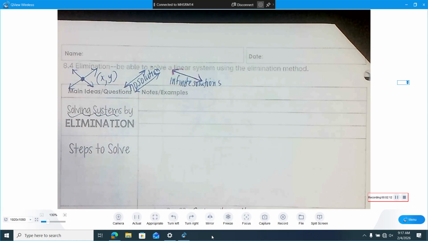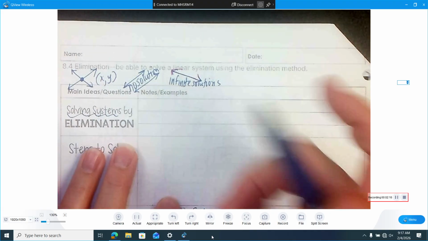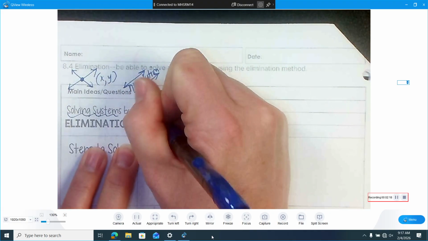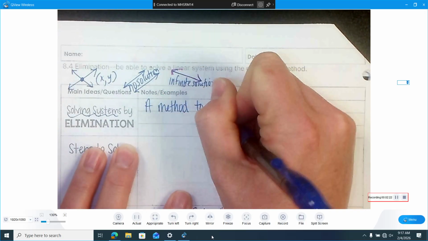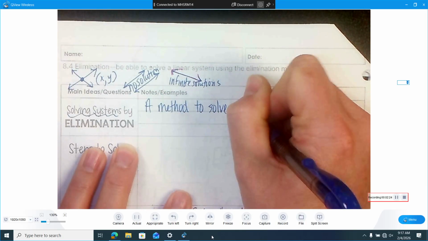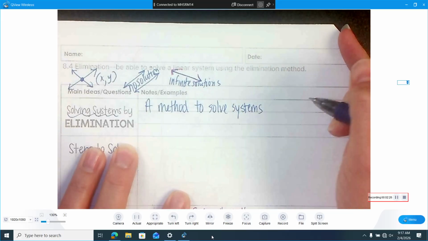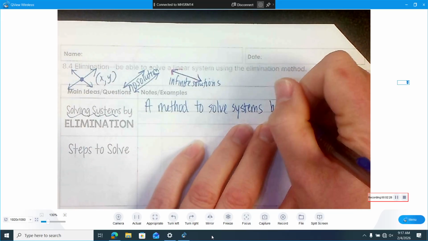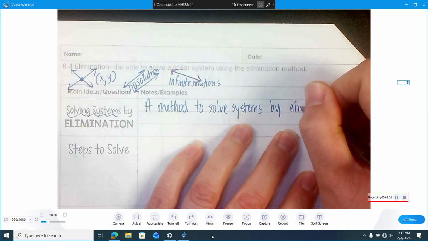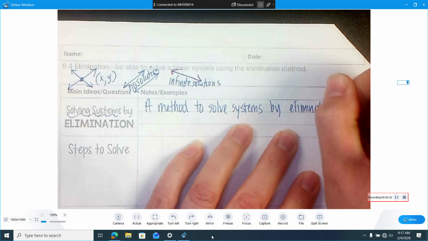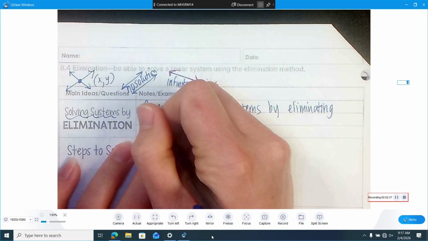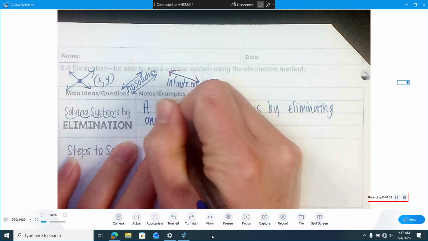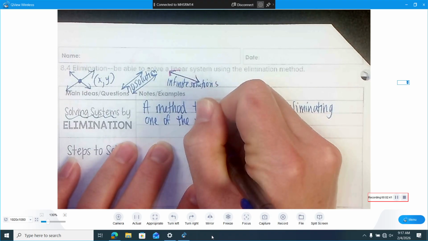This is a method to solve systems by eliminating one of the variables.